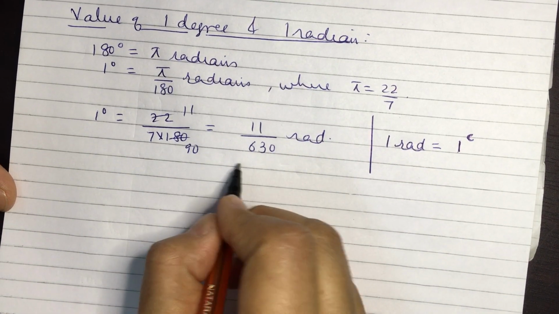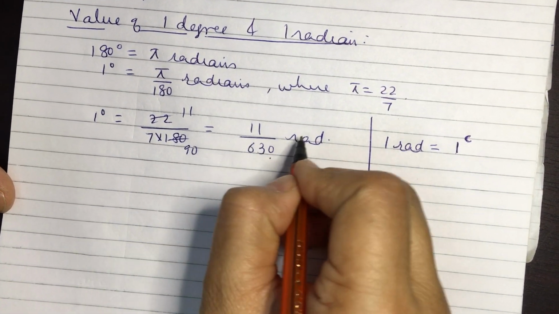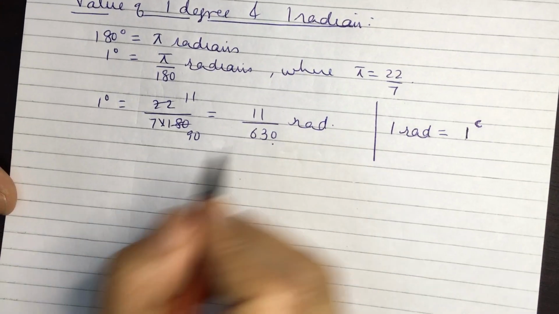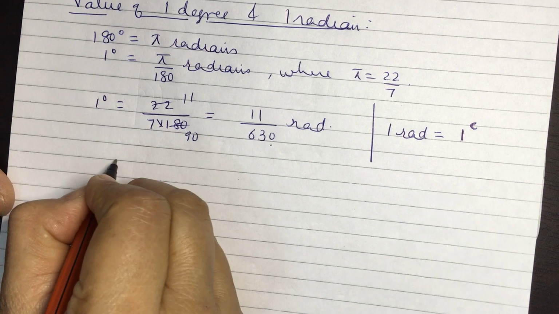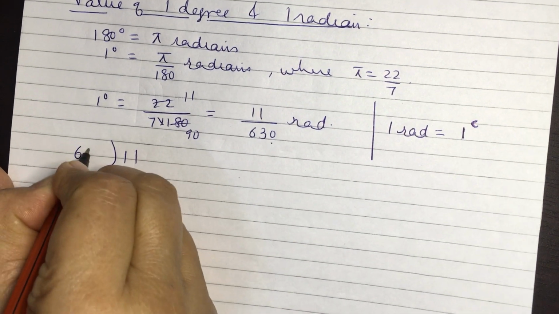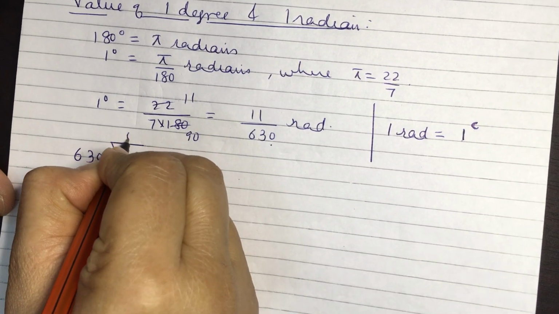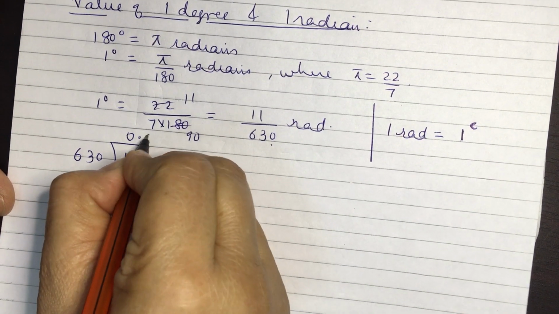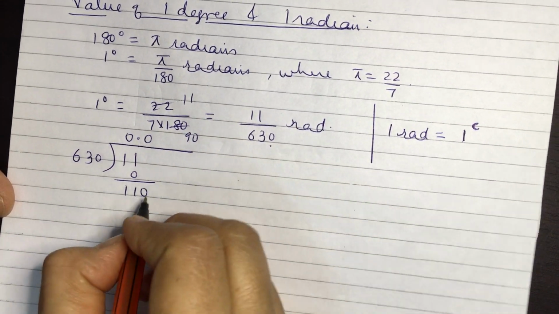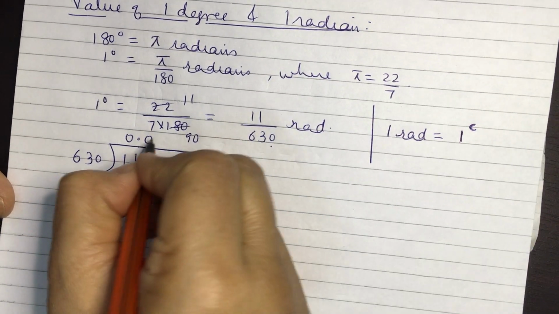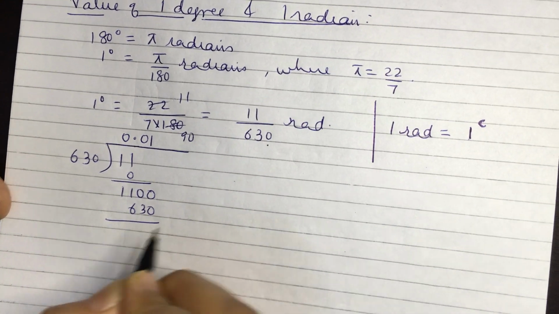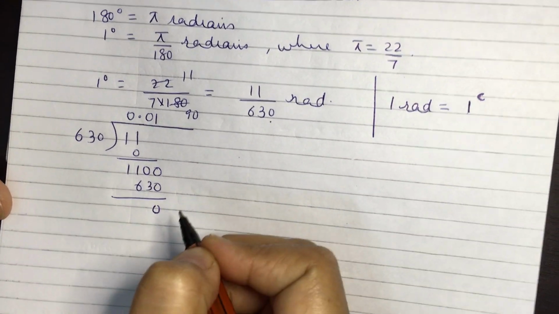Now what do we have here? Radians follow the decimal system, so let's start solving it. You divide 11 by 630, it goes 0 times, you get 110, again you get a decimal point, it goes 1 times, you get 630, you are left with 0.